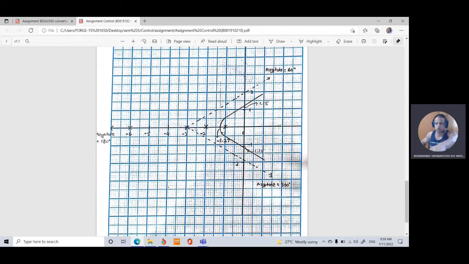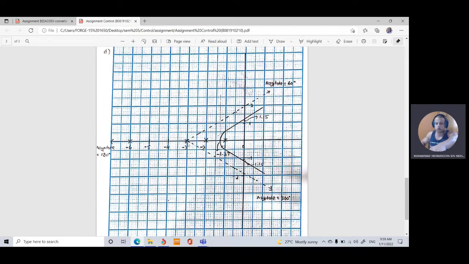So we plot the -3 here, and then draw out a 60-degree line and 300-degree line here, which is the asymptote line. The dotted line is the asymptote line. Okay, then we need to find the breakaway.